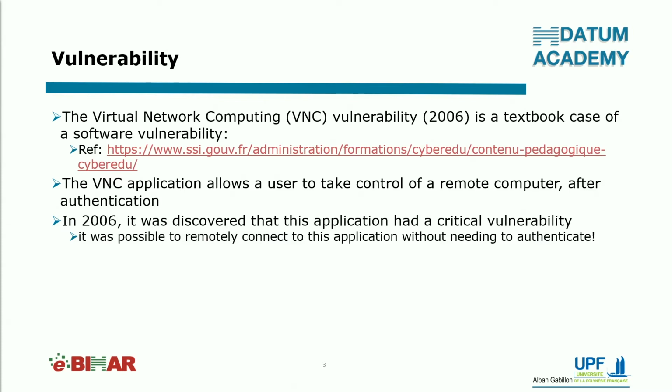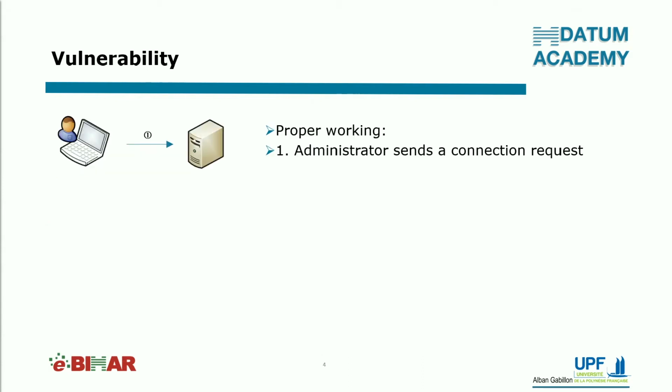This VNC application was found to have a critical vulnerability. Basically, an attacker could take full control of the user's computer without authenticating. So before describing the vulnerability, let's first describe the normal behavior of the application. So first, the administrator sends a connection request to the remote computer.